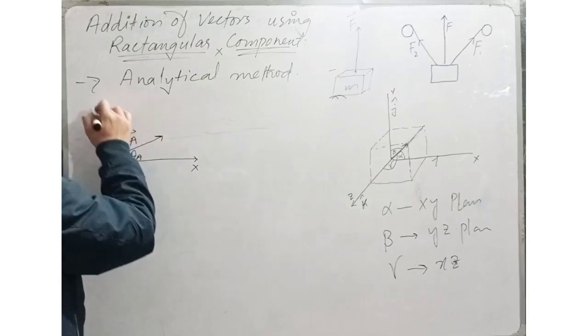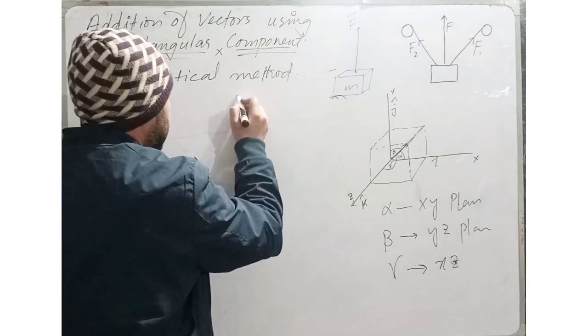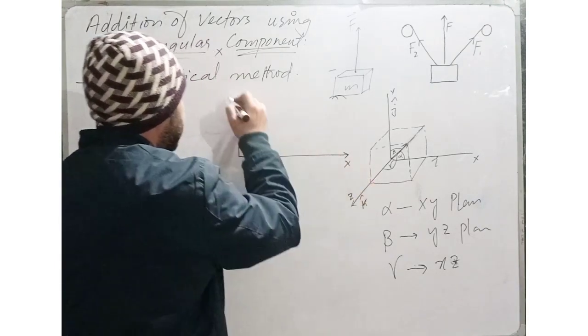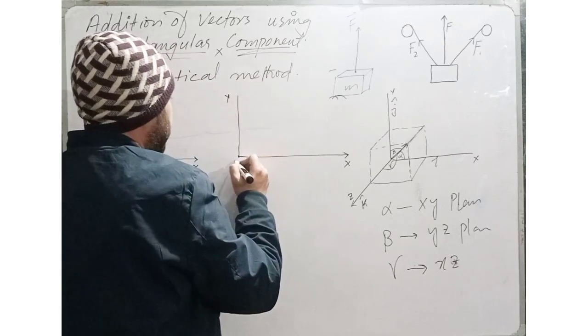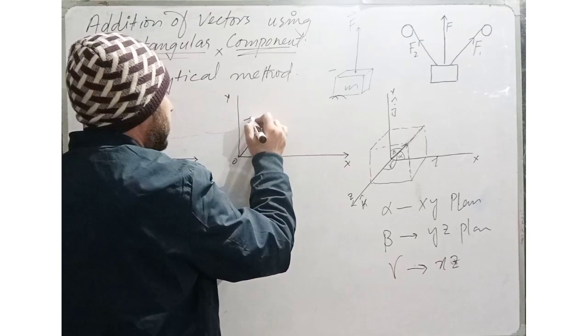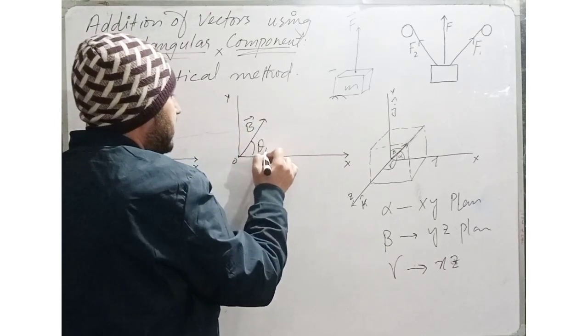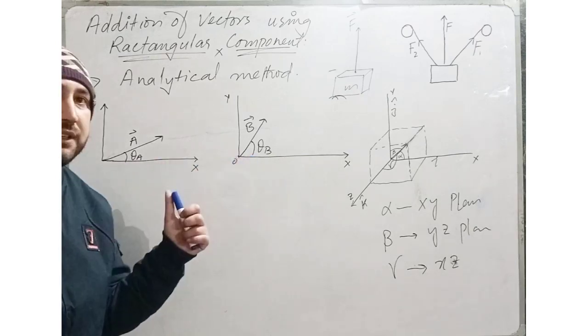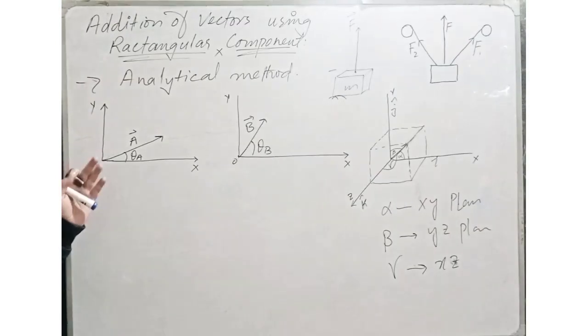This is x and y-axis. And let's draw the second vector. Okay, so from the origin, let's take this vector as B, and it is making an angle theta B with the x-axis, right?